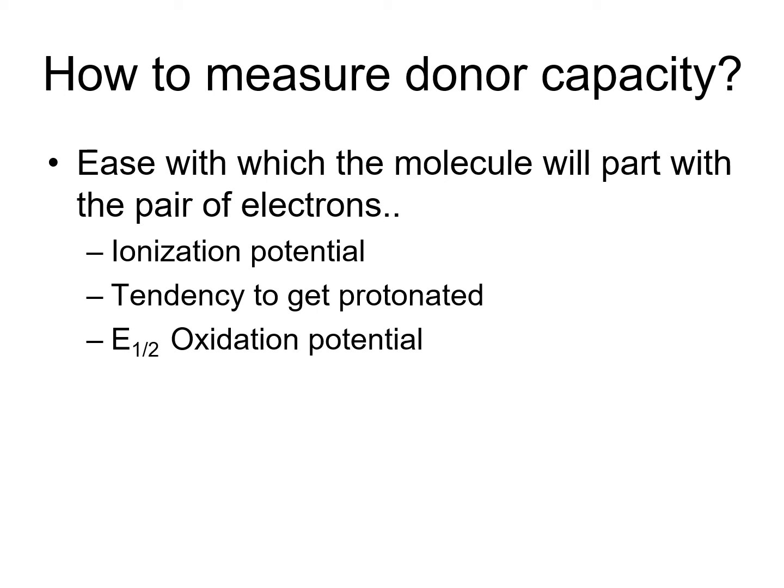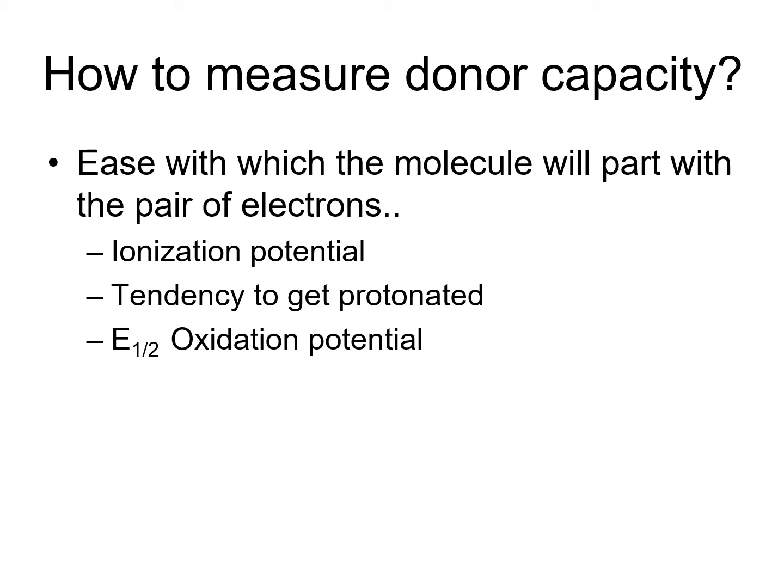Another option is to look at the tendency of the phosphorus ligand to get protonated, which is very similar to donation of electron density to a metal empty orbital. Now the empty orbital is provided by the proton. That's the only difference. So you can measure the pKa of the phosphorus ligand and indirectly get a measure of the tendency of the phosphorus ligand to donate electron density.